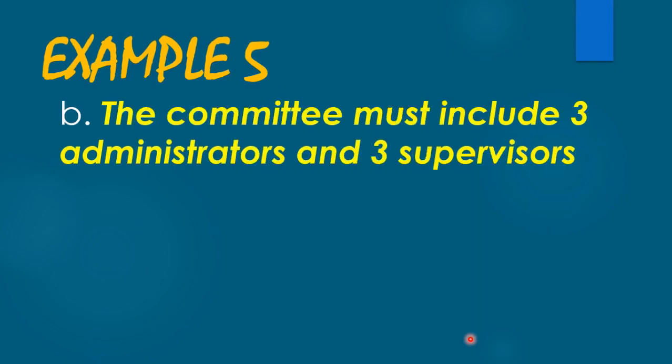Next condition, the committee must include 3 administrators and 3 supervisors. Since we have different groups, administrators and supervisors, we need to multiply. So we have the combination of 6 administrators taken 3 at a time, times the combination of 4 supervisors taken 3 at a time.